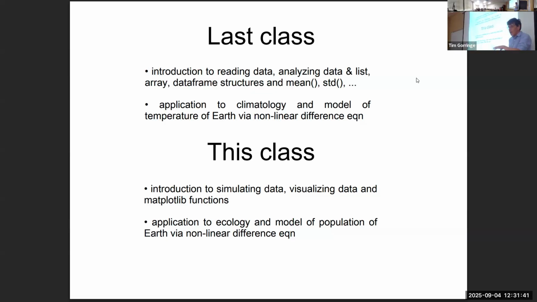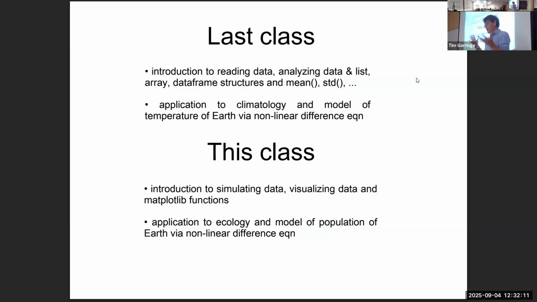In the previous class, I drew on an example from outside undergraduate or graduate physics problems, from climatology, about the temperature of the Earth, and I was able to write down a simple difference equation for the temperature of the Earth, and we worked with that. In this class, I'm going to take another problem from completely outside our physics education.